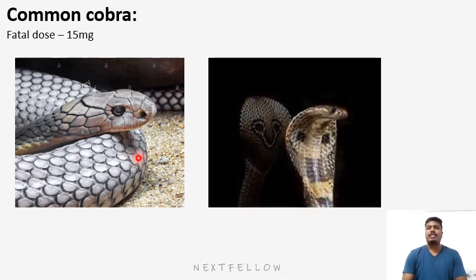The cobra has a hood. On the dorsal aspect we have a spectacle shaped or bicellate mark, so it is also known as the spectacled cobra, and on the ventral aspect we have two dark spots. For the common cobra, the fatal dose is 15 milligram.